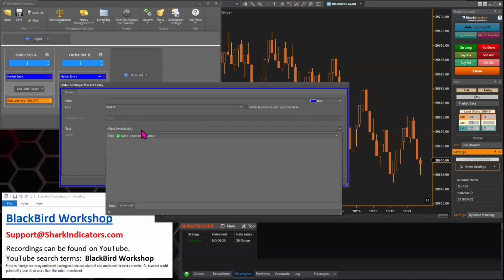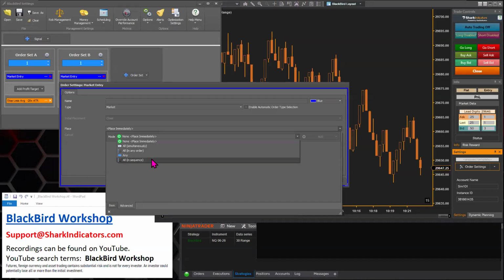So let's open this up here, and we'll need to go to the advanced tab because there's two requirements. The existing trade needs to be in some profitable amount, and then also we need to analyze an indicator.